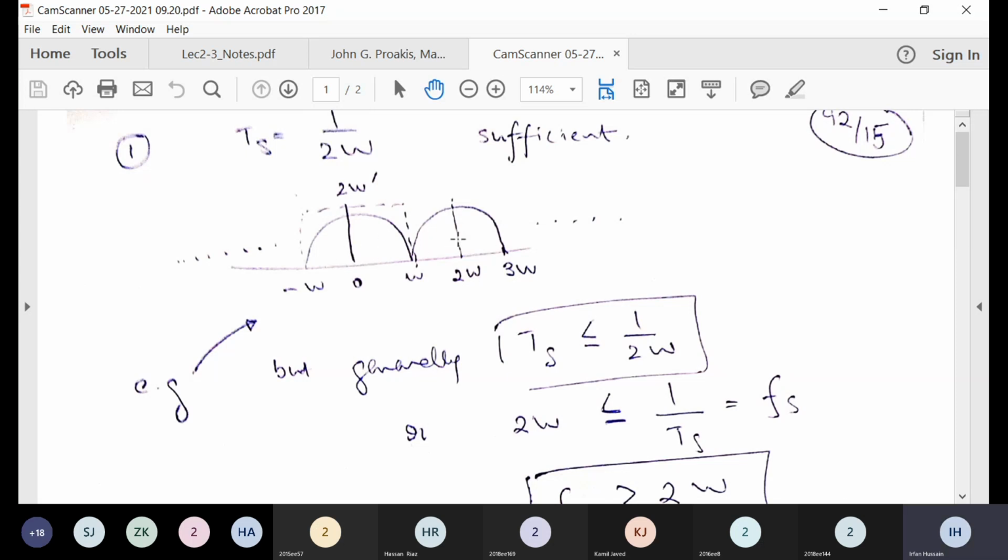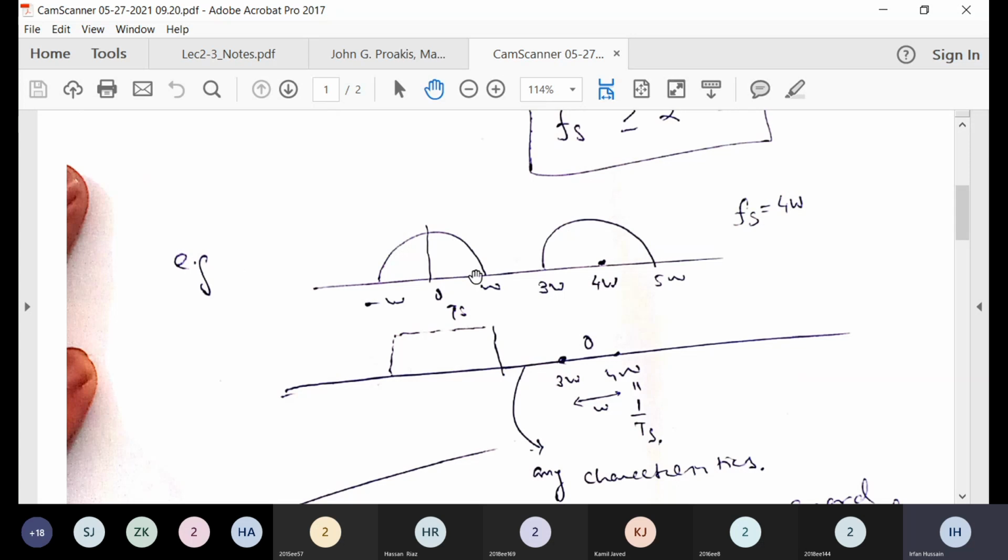It must not get the replicas. There is a distance between these replicas and this, so you can put your filter somewhere here and get back your original signal from this sampled signal.